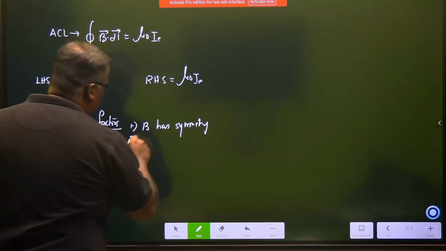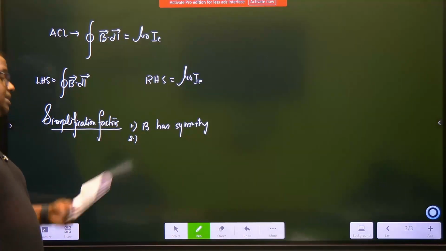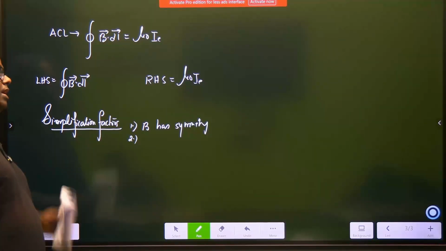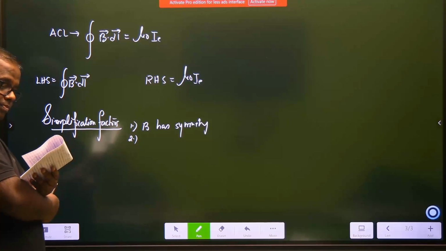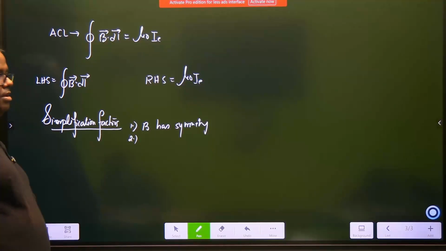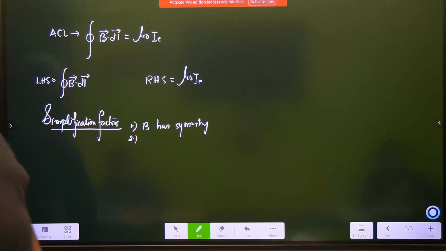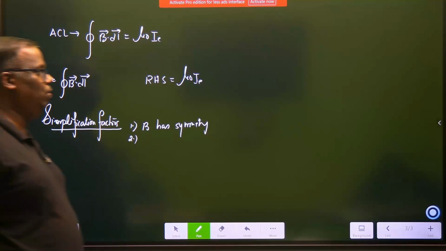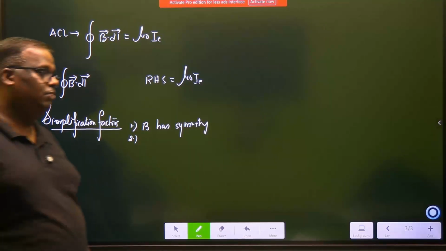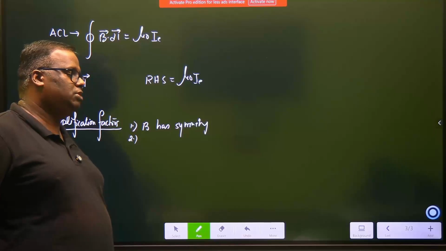Second, B is same anywhere on the loop. And third, B is tangential to the loop. If it is tangential, then theta becomes 0, and you will get the maximum contribution.